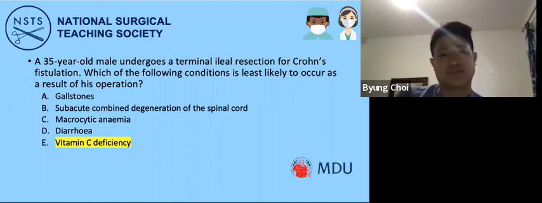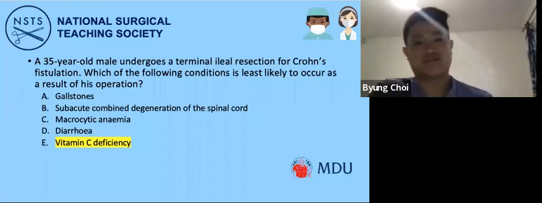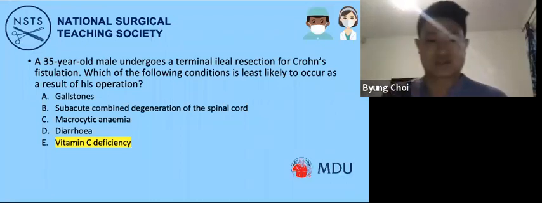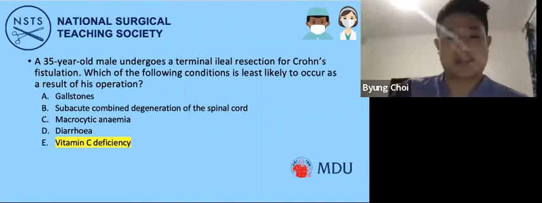So you get a vitamin B12 deficiency that will lead to a macrocytic anemia. If left untreated long enough, you may get a rare complication of subacute combined degeneration of the spinal cord. So B and C can be risk factors that occur when you take out the terminal ileum, and that's why it's important to go on to supplementation.